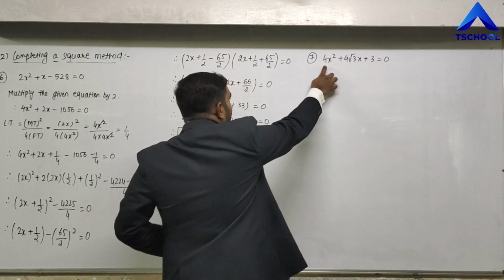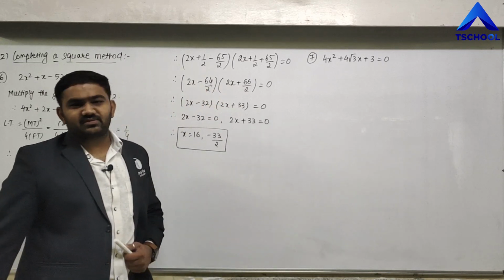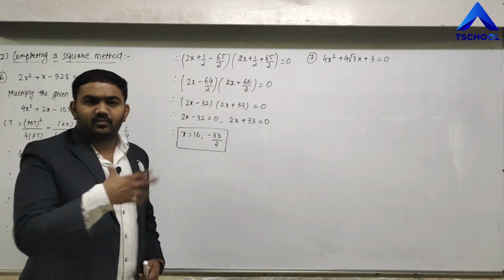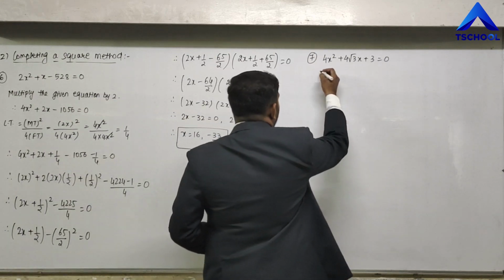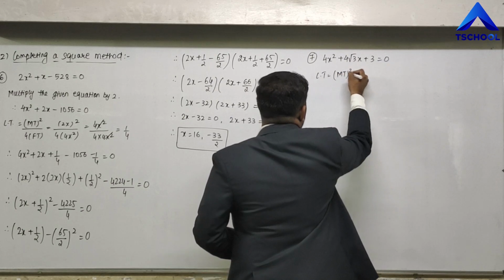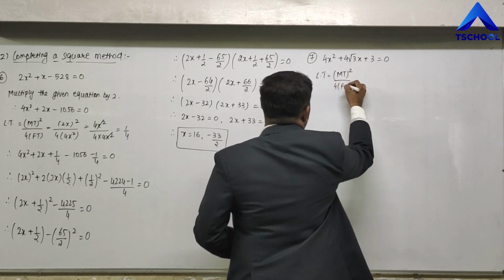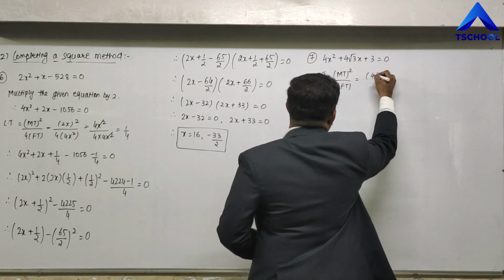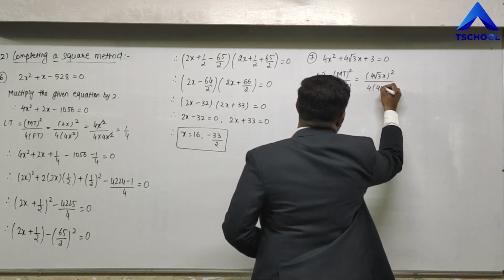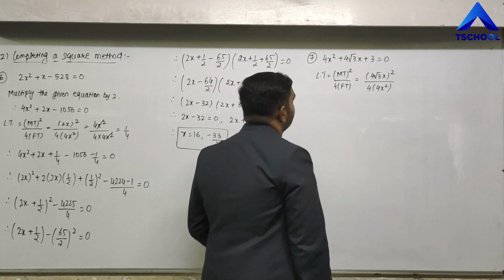So first step, is the first term a perfect square? Yes, the first term is a perfect square, so we are not going to do that. Moving on to the second step, finding out the last term. Last term is equal to middle term square upon 4 into first term, that gives me 4 root 3x whole square upon 4 into 4x square.